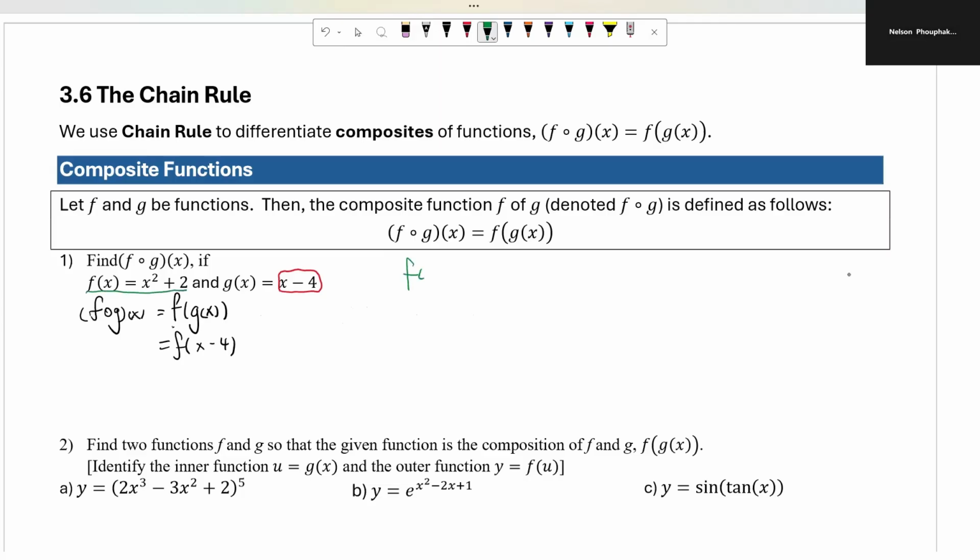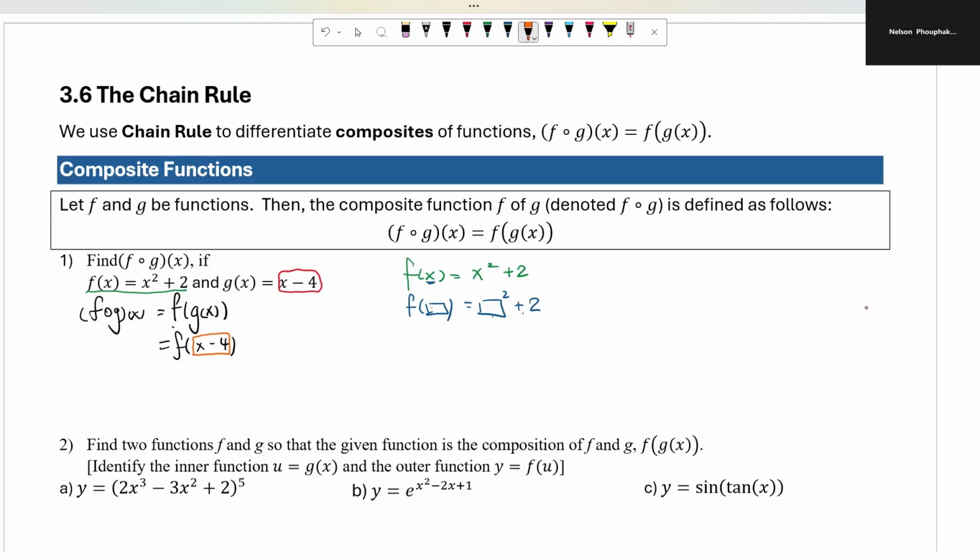Now let us go back to the f function. I have f of x equal to x squared plus 2. In this case, x is the input. So the function takes the input, squares it, and then adds 2 to it. Now, what is the input?